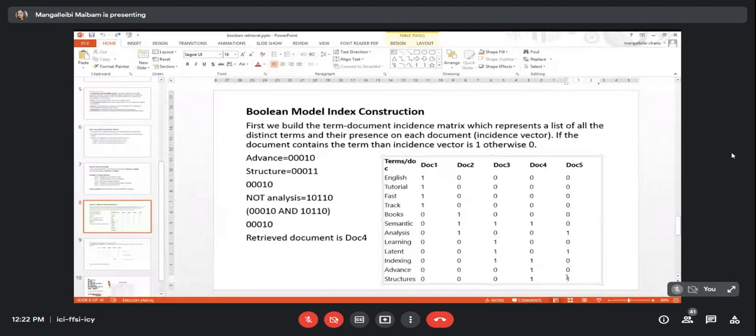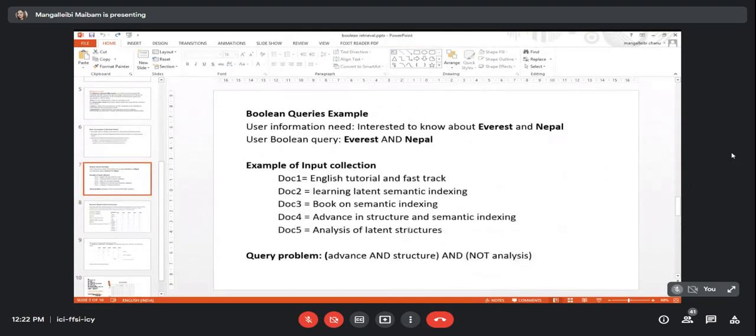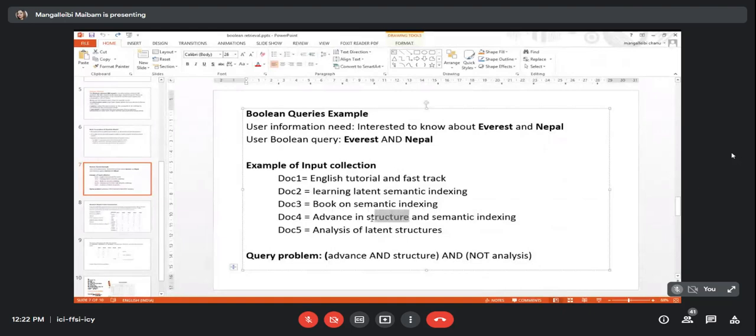That means structure is present in document D4 and D5, and it is not present in the remaining documents. You can even cross check from here. Structure is present in document D4 and in document D5.